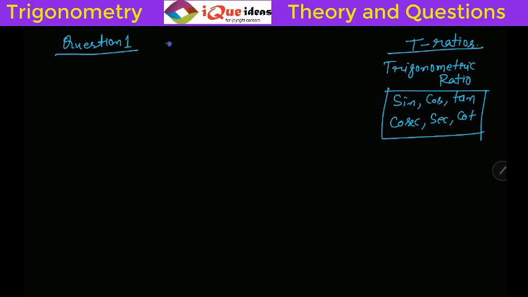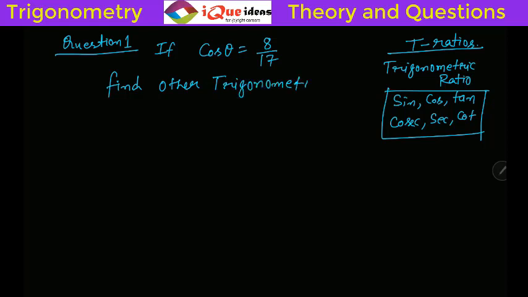Okay, so let's take question 1. Let's say cos theta is equal to 8 by 17. The question is to find other trigonometric ratios, or we could have simply said T ratios, for angle theta.